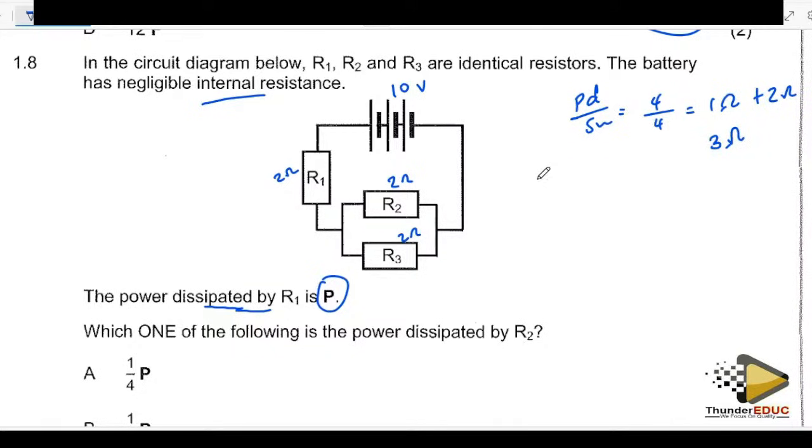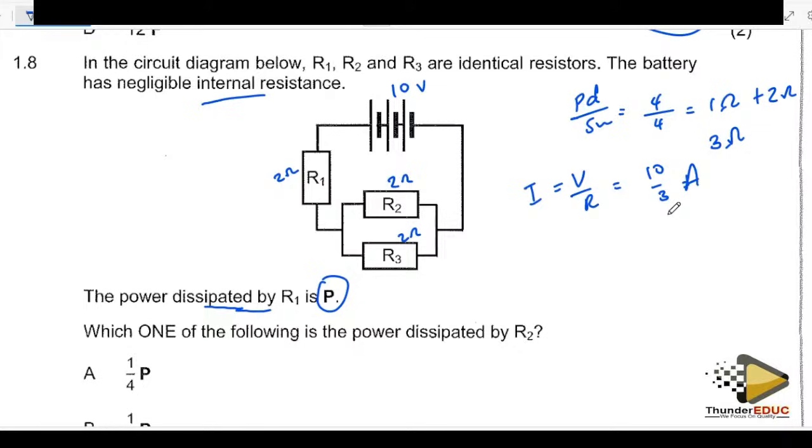Then if I want to find the current, because I need the current that is passing through, current is going to be given as V over R. So I have 10/3, let me just leave it as 10/3 amps.